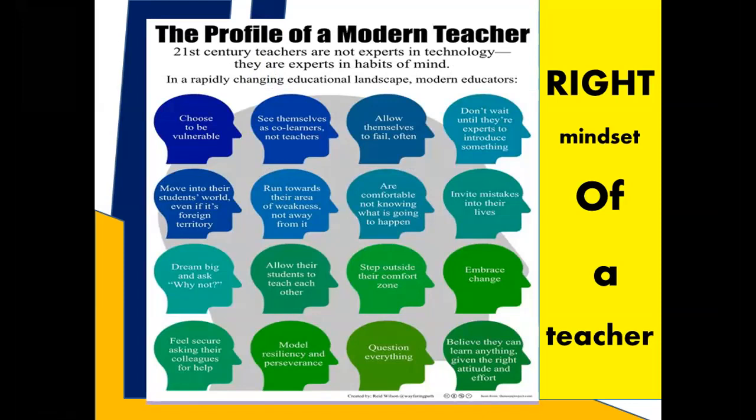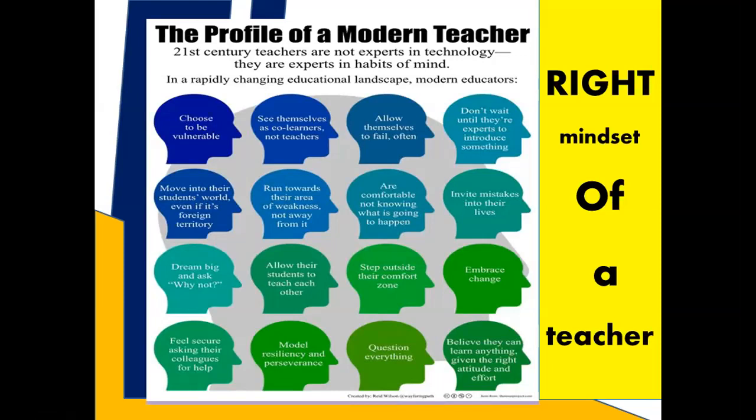It says here that 21st century teachers are not experts in technology, they are experts in the habits of mind. So, if you look into the details of being a modern teacher, a modern teacher chooses to be vulnerable, sees themselves as co-learners, not just teachers, and allows themselves to fail often.